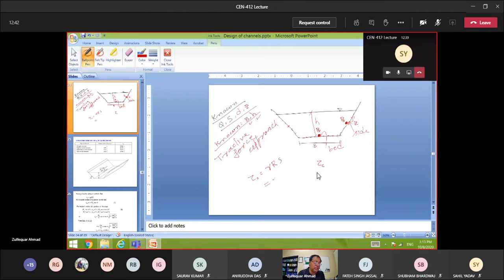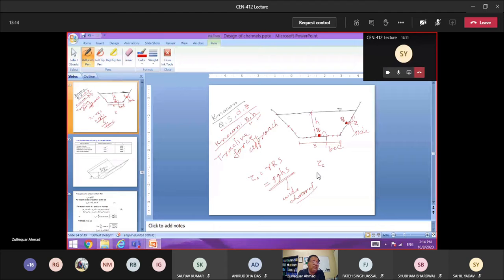For the wide channel, this will be equal to rho g H S, right? But this is the average value which is acting. So now you see this tau naught is a function of R and S, right? S is fixed, R is not fixed, right?